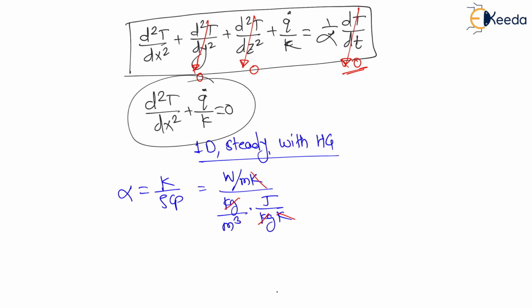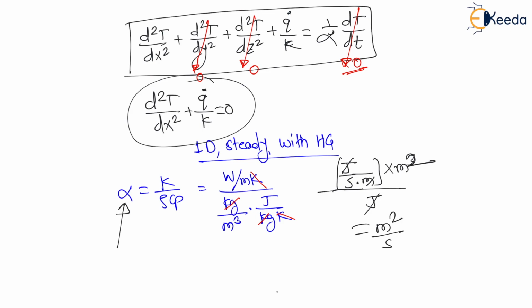Watt is nothing but joule per second. So in numerator the unit will become joule per second divided by meter, and in denominator 1 upon meter cube will go in numerator and multiply, therefore the unit will become meter cube divided by joule. So joule will get cancelled, and here 1 meter and here meter cube, so the unit of thermal diffusivity will be meter square per second, right?